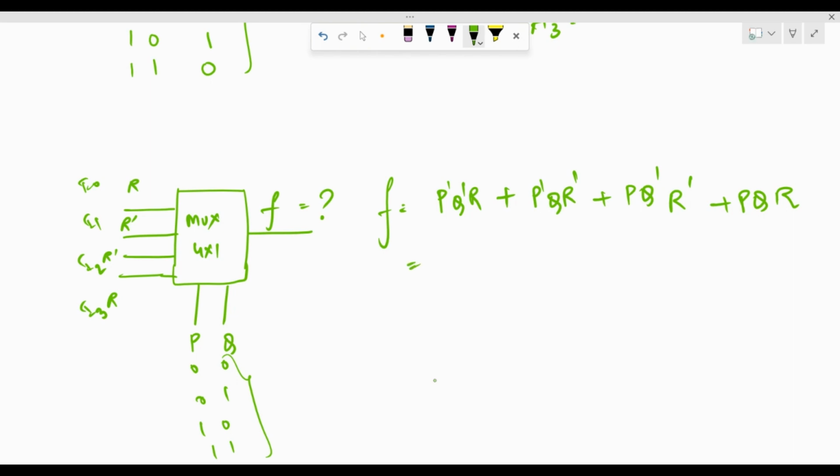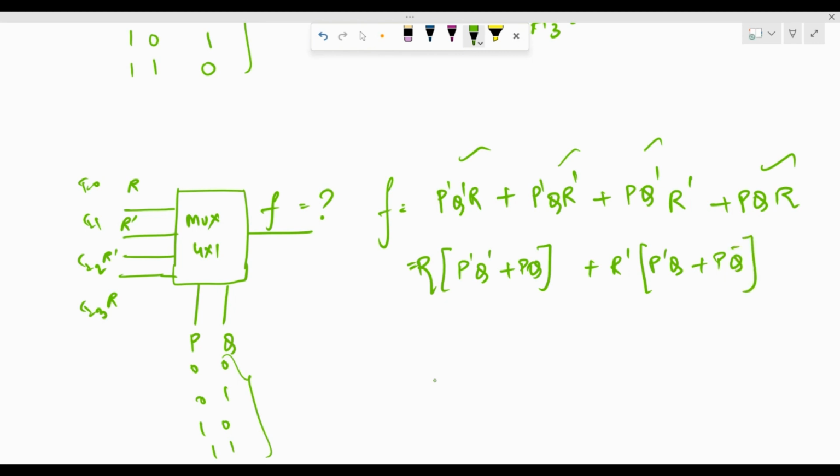So here, if we take r common in these two, what remains is p dash q dash plus pq. And if we take r dash common in these two terms, we get p dash q plus pq dash. So we know that this p dash q plus pq dash is nothing but p XOR q, and we have r dash over here.